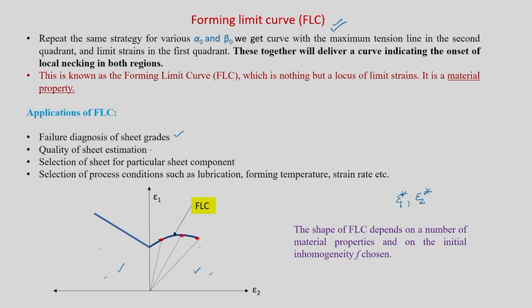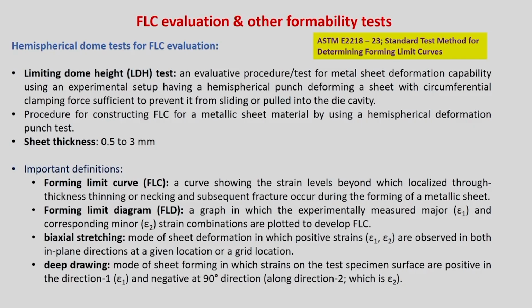If you want to select a particular sheet material for a component, this will be useful. You want to decide the process conditions like lubricants, forming temperature, strain rate, and whether they are sufficient to form the component, then this forming limit curve can be used.